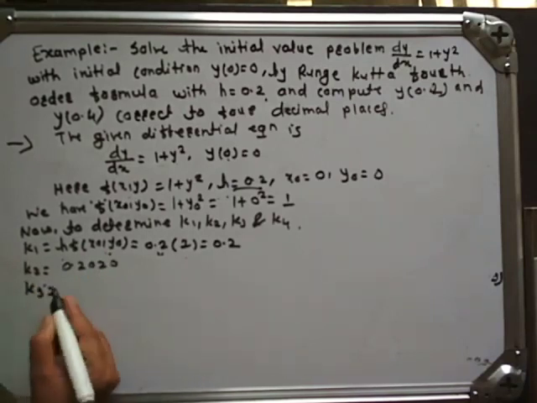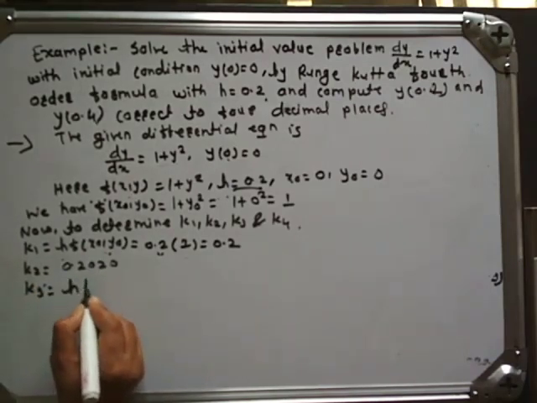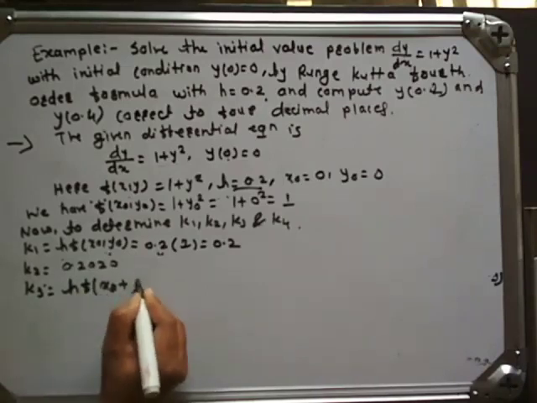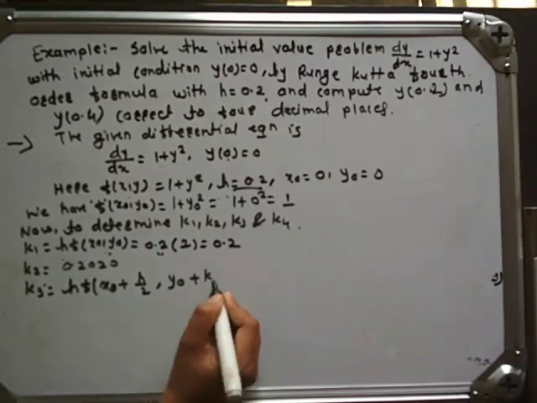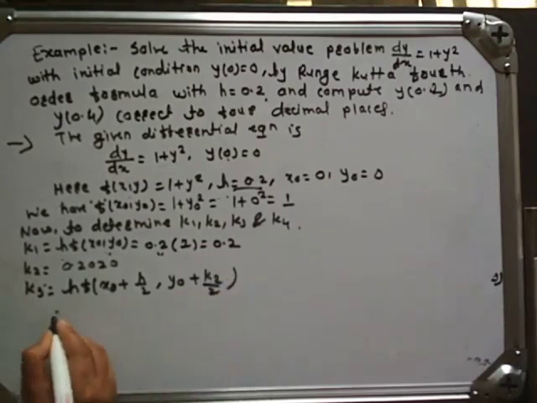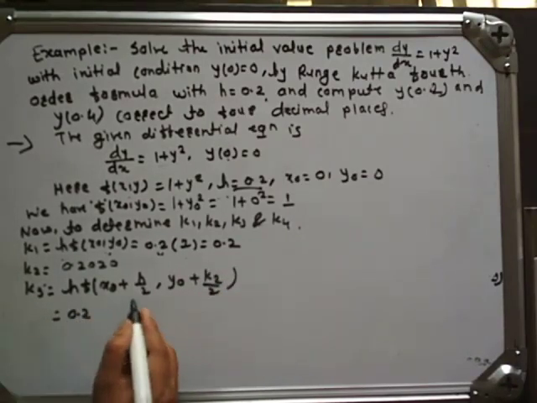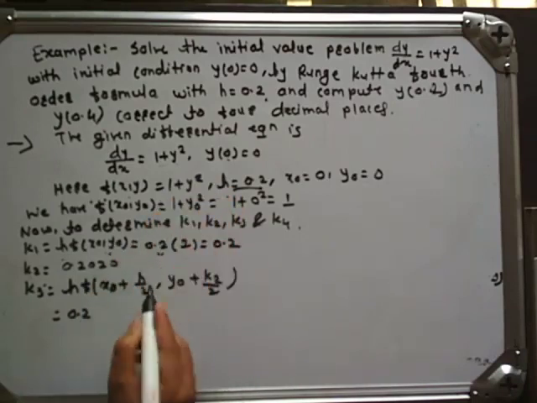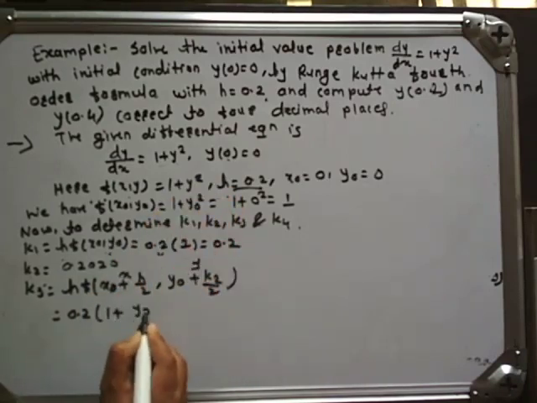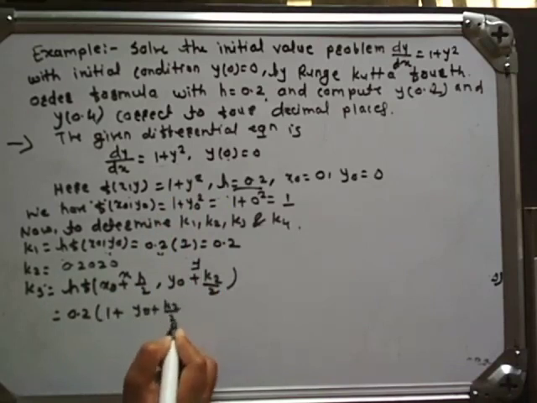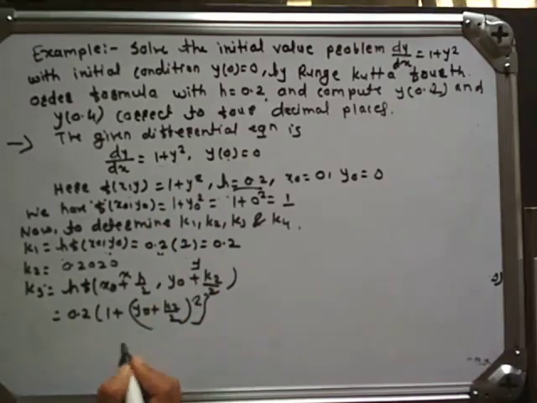K3 is equal to h into f of x0 plus h by 2, y0 plus k2 upon 2. What is h? H is 0.2. F of x, y is 1 plus y square, so 1 plus y0 plus k2 upon 2 bracket square. Okay, this is your K3.